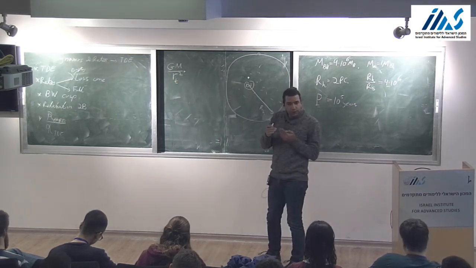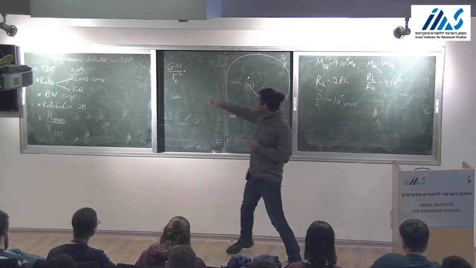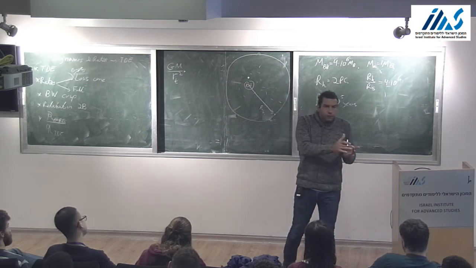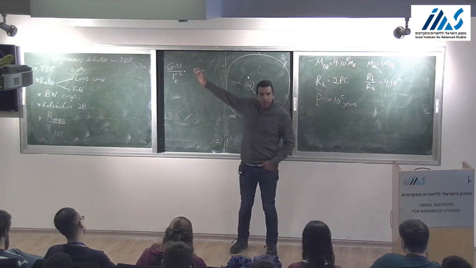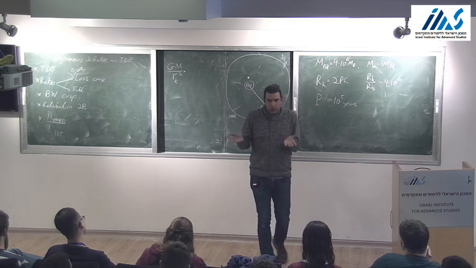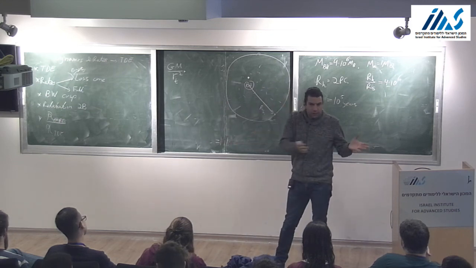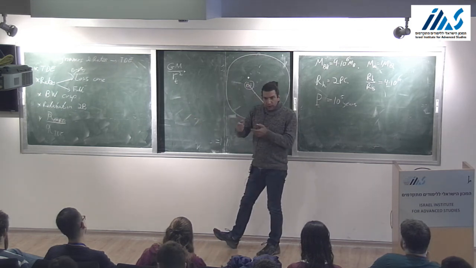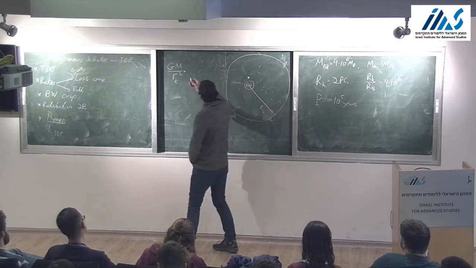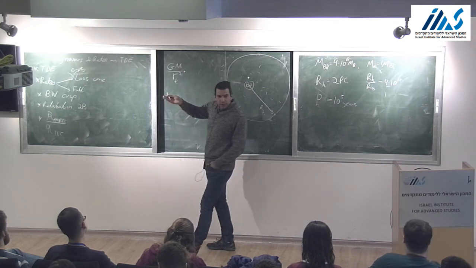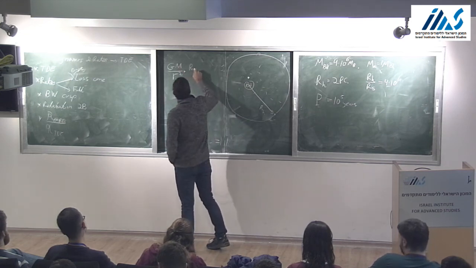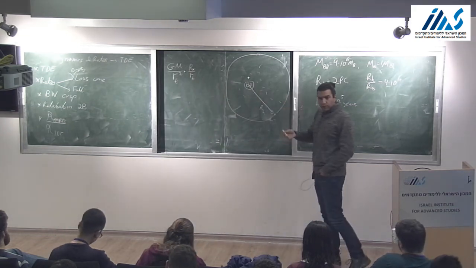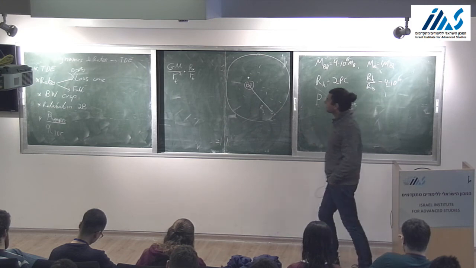This is the force between the black hole and the star, or the force per unit mass. But I want the differential force, because this force doesn't do anything to the star. If the star is there, it just free falls with this acceleration. If that force was uniform over the whole star, nothing would happen to the star. It will just accelerate. But if the force is differential, if it's not the same force on all the parts of the star, the star tears apart. So the difference between the forces on one side of the star and the other side is a small fraction of the overall force that the black hole is putting on the star.